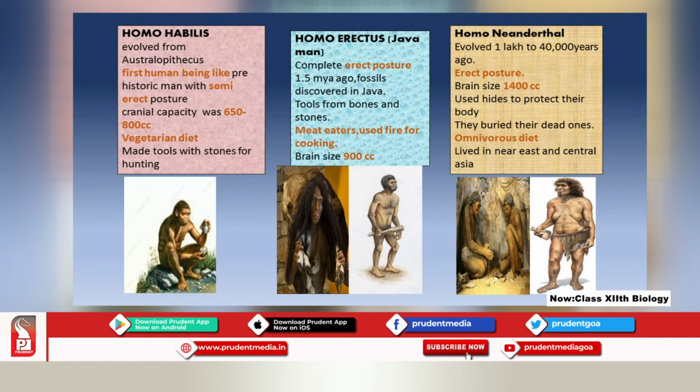Then came a totally different genus, Homo: Homo habilis, Homo erectus, one after the other, and Homo neanderthal. Homo habilis came from the Australopithecus genus. They were the first human-like prehistoric men with semi-erect posture. Cranial capacity was 650 to 800 cubic centimeter.